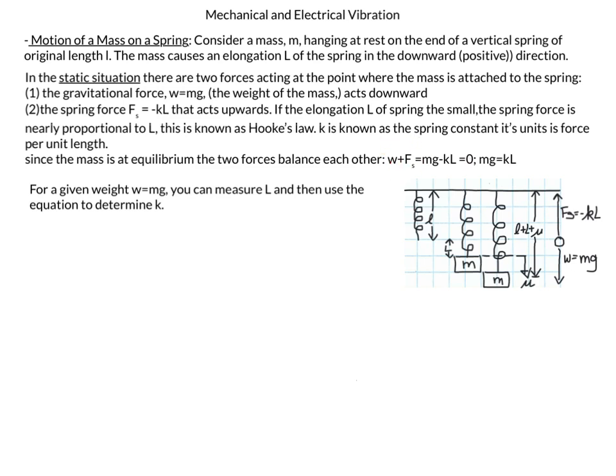And then rewriting W as mg, the spring force is minus kL, and we have mg minus kL is equal to 0. So for a given weight, once you know the weight, you can measure L, and then you can use this equation, mg minus kL, to determine k. And that's mostly what we're going to be using the static situation for, to calculate the value for k.